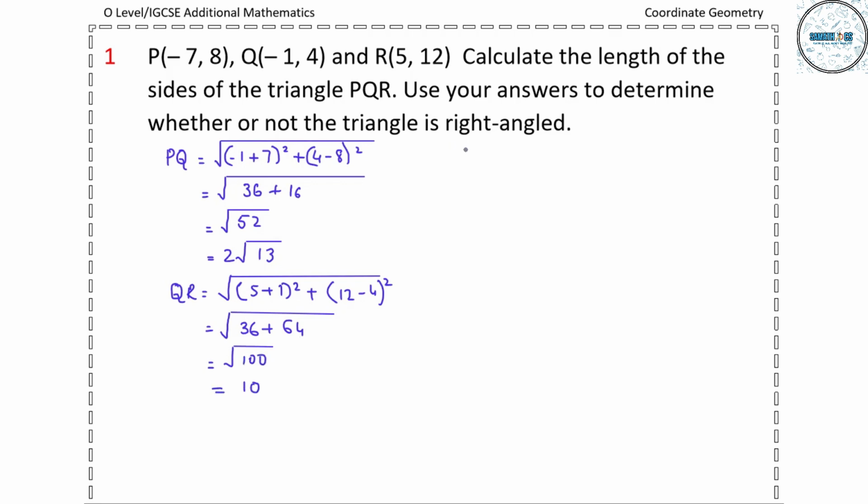Now we will take out the length of PR. PR is equal to the square root of (5 plus 7) whole squared plus (12 minus 8) whole squared.